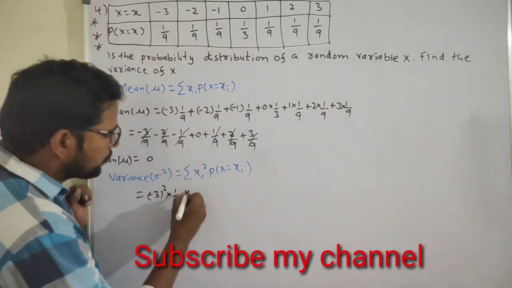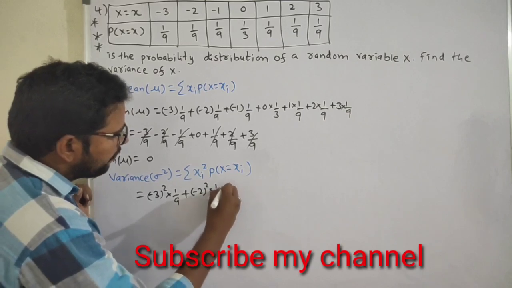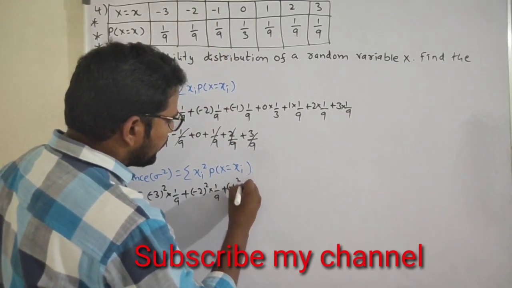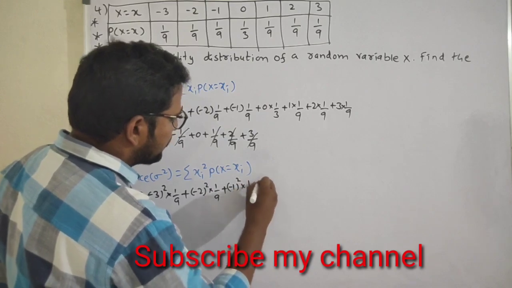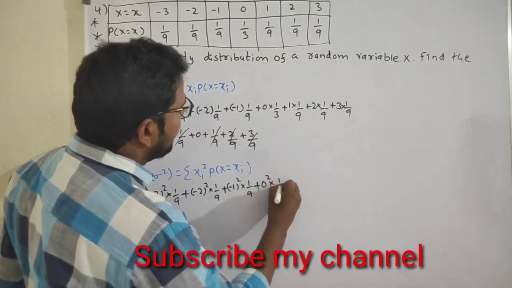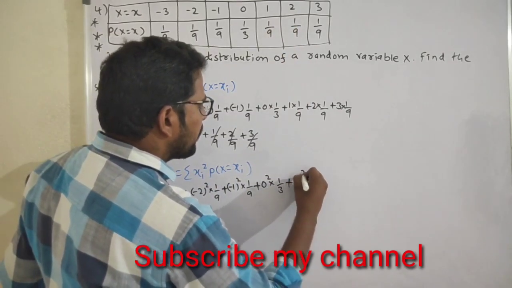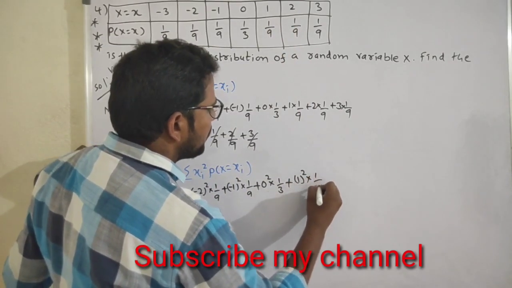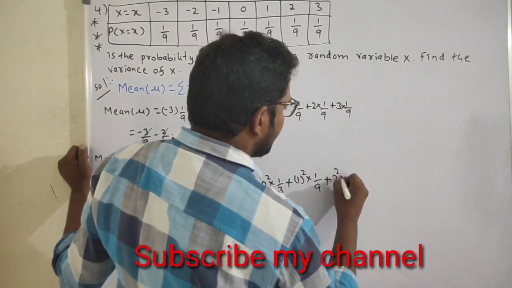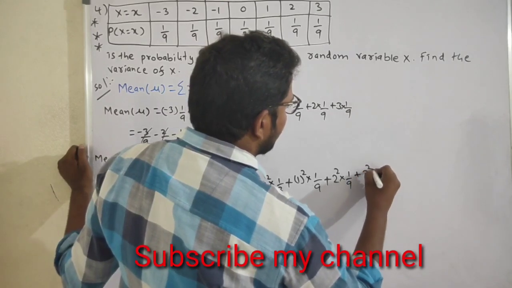Second outcome minus 2 square into 1/9, plus minus 1 square into 1/9, plus 0 square into 1/3, plus 1 square into 1/9, plus 2 square into 1/9, plus 3 square into 1/9.